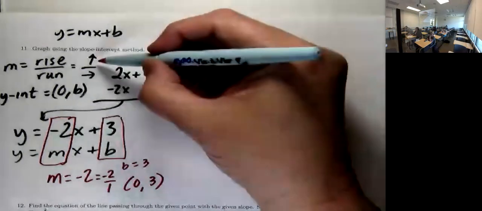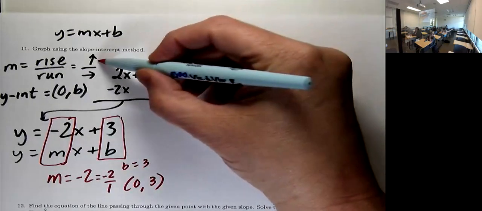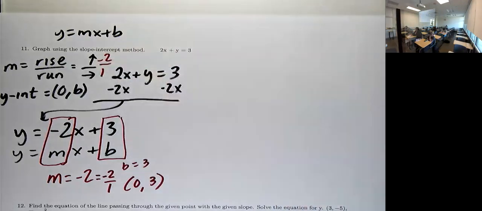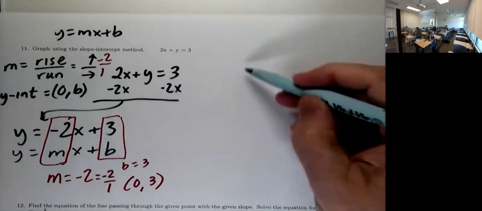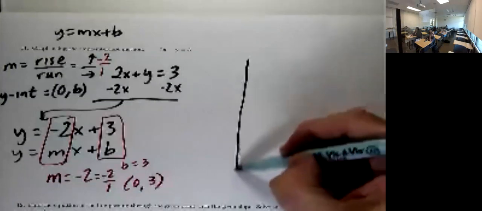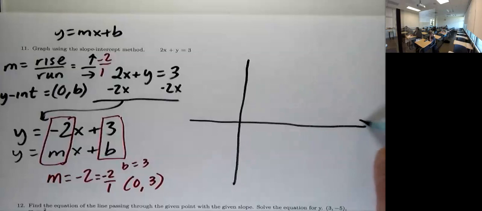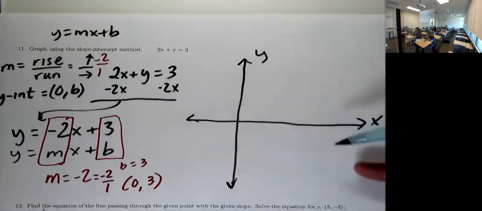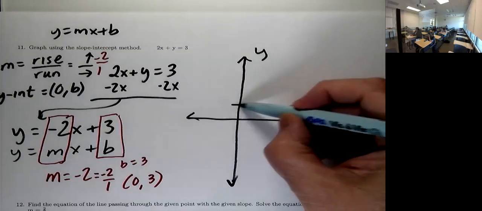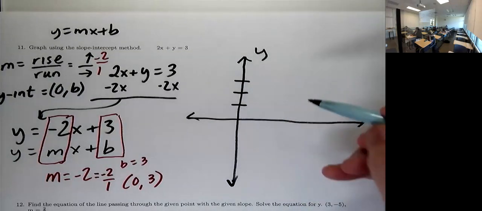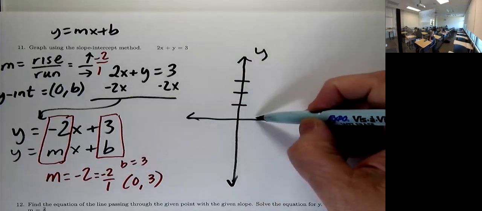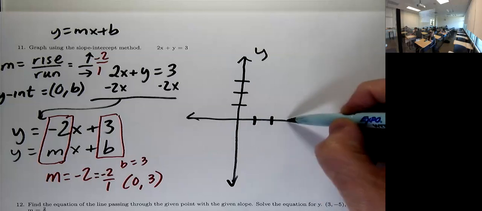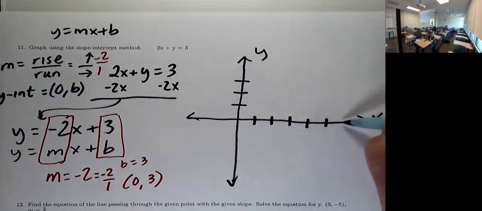And I can fit that into my rise over run. I know I at least got to go up to 3 because that's a point on my graph. And negative 2 is a slope going downward to the right. So I don't know how far I'm going to need to go. I'll put a couple points down here and see what we get.